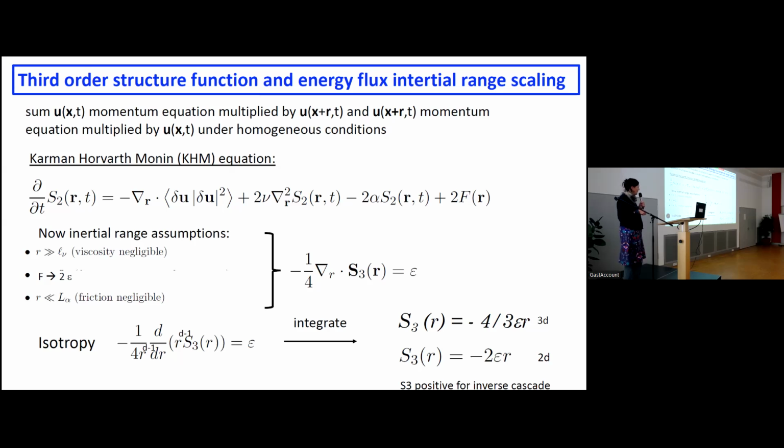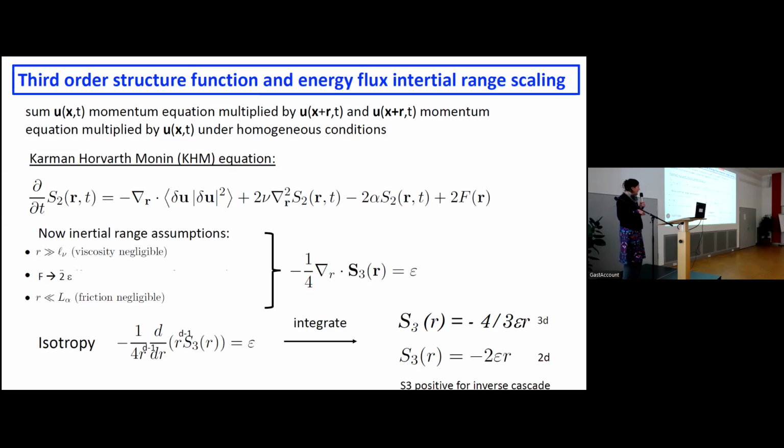And then what comes out for 3D is a famous relation that was derived by Kolmogorov. He derived it for the longitudinal structure function, so it has a different factor of four fifths. But what comes out is that the third order structure function scales essentially linearly with separation.